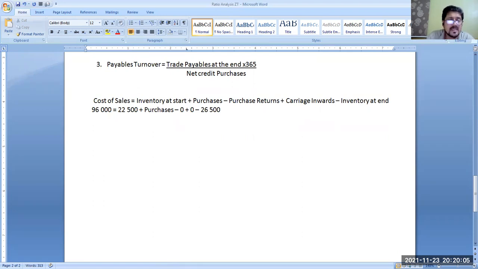So the purchases would be equal to 96,000 plus 26,500 minus 22,500.